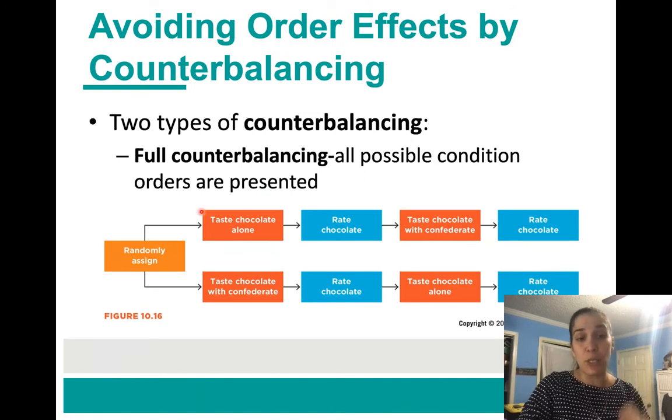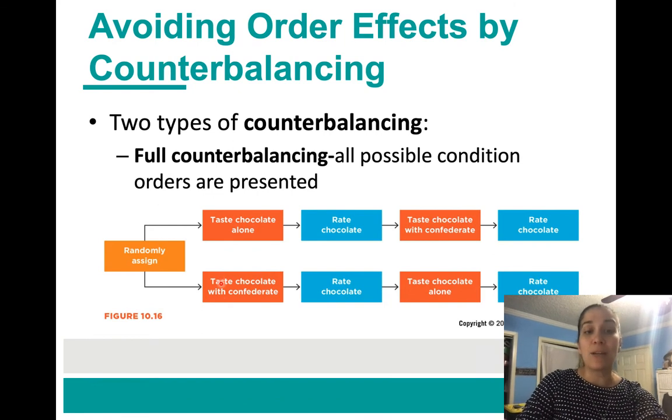You randomly assign participants to one of these two groups. They taste the chocolate alone in this one, then rate the chocolate, taste the chocolate with the confederate, and rate the chocolate. So alone is exposed to this group of participants first. And then this group actually tastes the chocolate with somebody first, rates the chocolate, and then tastes the chocolate alone.